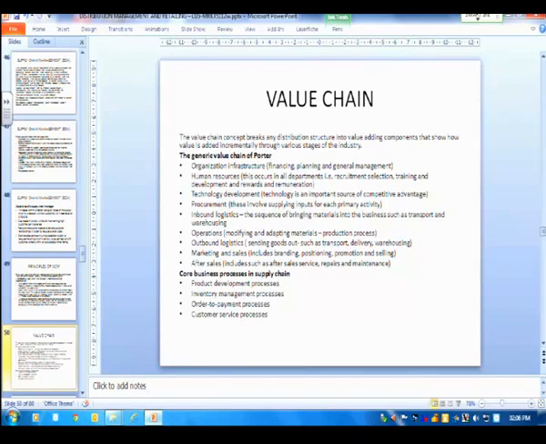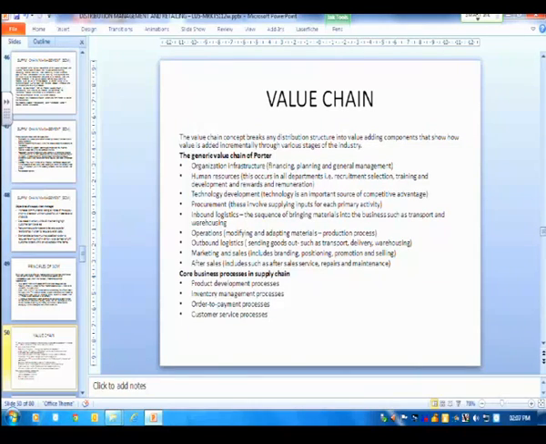This involves sending goods out, such as transport, delivery, and warehousing. Marketing and sales includes branding, positioning, promotion, and selling. After sales includes after-sales service, repairs, and maintenance.